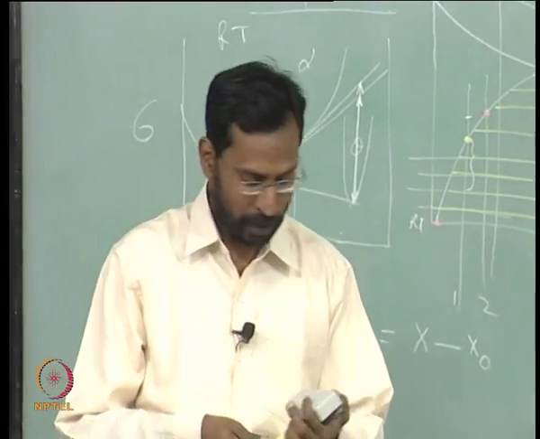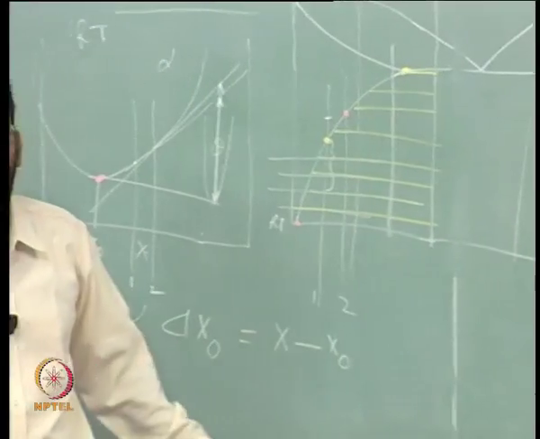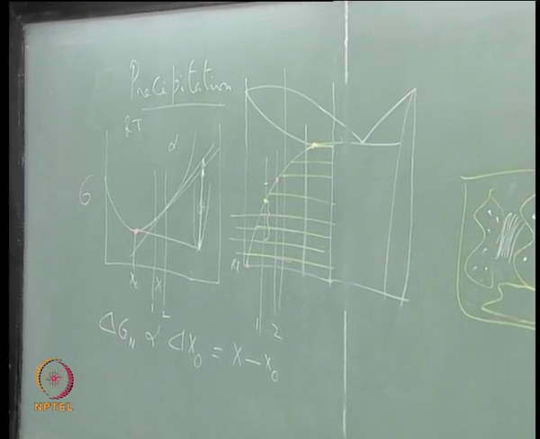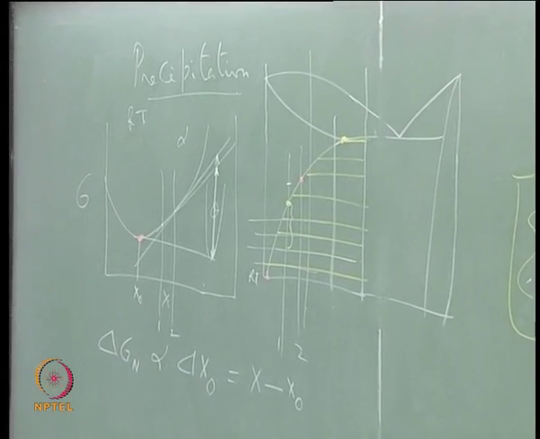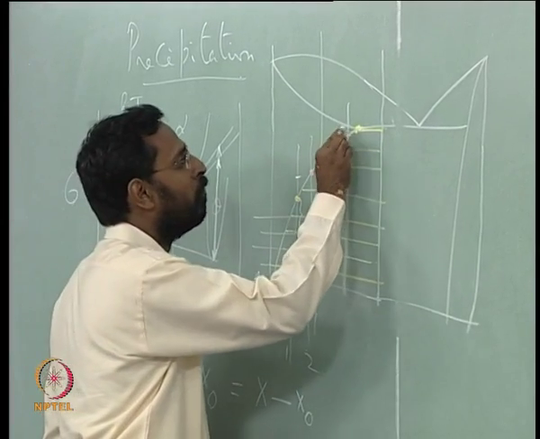What is the problem? For example, if I choose this alloy, you may say, sir, this alloy is still to the left of the maximum solubility, why can't I use that alloy? The range between the solvus and the solidus is very small.